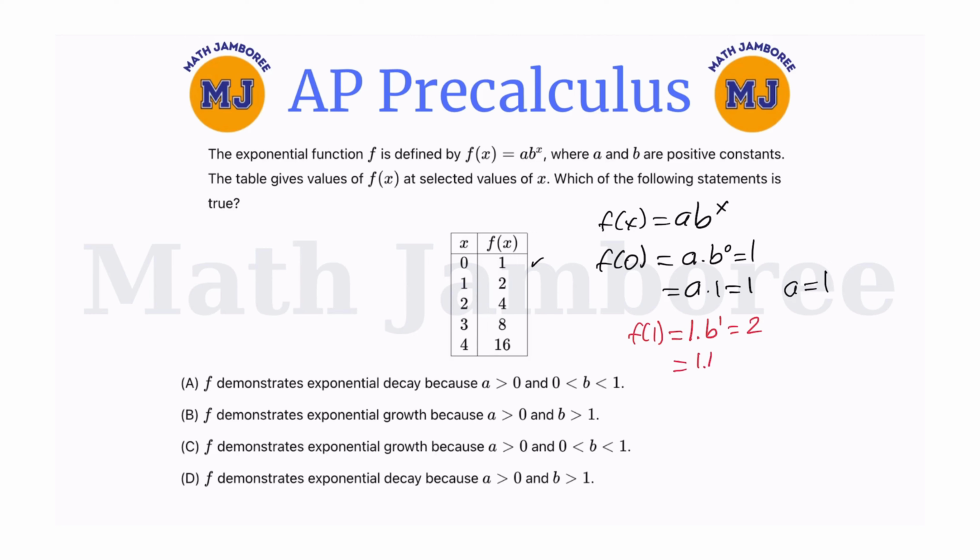So 1 times b is equal to 2, and b is 2. Not a, this is b, sorry about that. b is 2. So b is greater than 1, a is greater than 1, so we eliminate choices A and C.